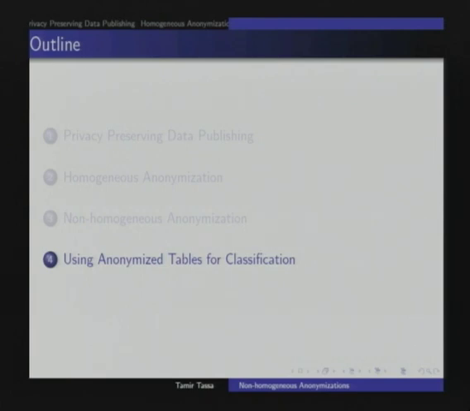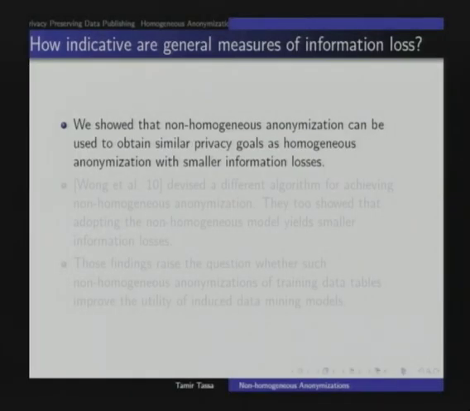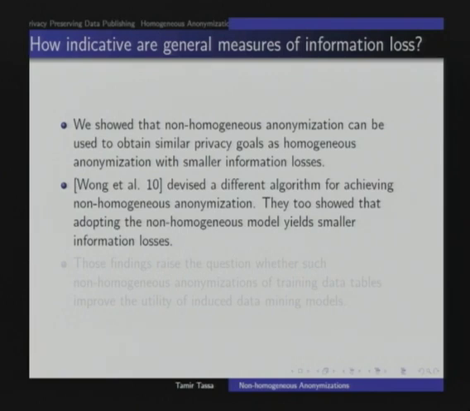So in the last 5 minutes, I will try to describe the second work, which tried to examine that. We showed that non-homogeneous anonymization can be used to obtain similar privacy goals as homogeneous anonymization, but with smaller information losses. That was also verified by a recent work from SIGMOD 2010.